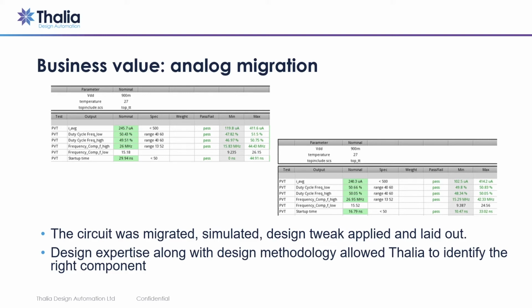These are tabular columns of the circuit characteristics. On the left are the characteristics in the base technology, and on the right are the characteristics in 22SOI. As you can see, the circuit now meets the requirement in line with the base design. The circuit was simulated and the layout verified, and the IP was taped out.